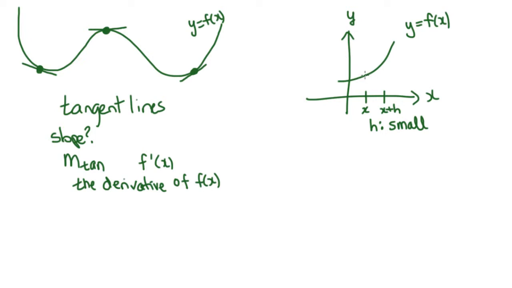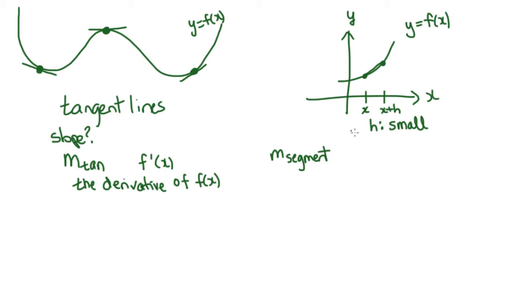So let's take a look at the 2 points on our curve that have these two x values here. And we're going to try to understand the slope of the line segment that joins these 2 points. So for nearby points, this line segment almost looks like the curve itself because these x values are so close together.